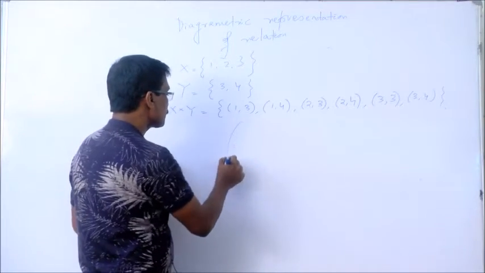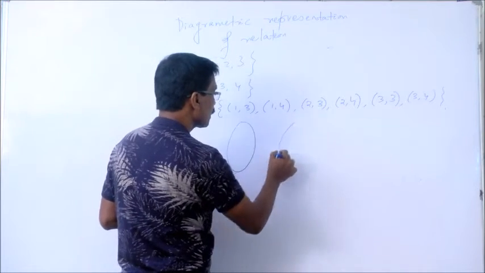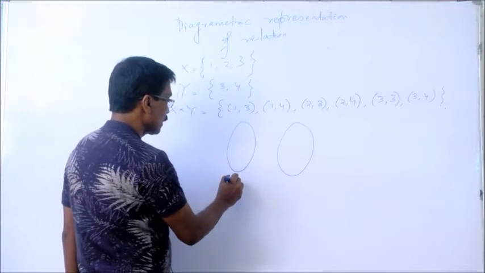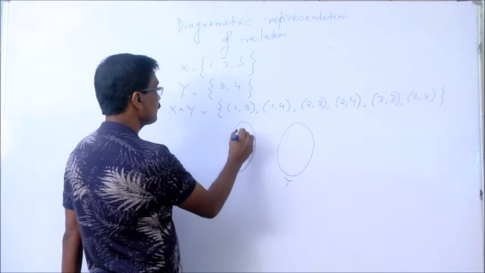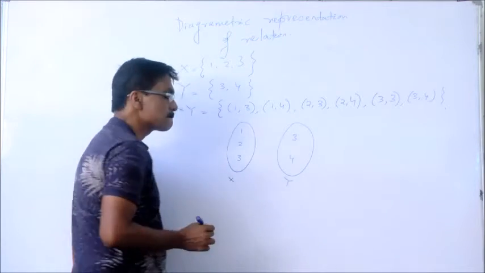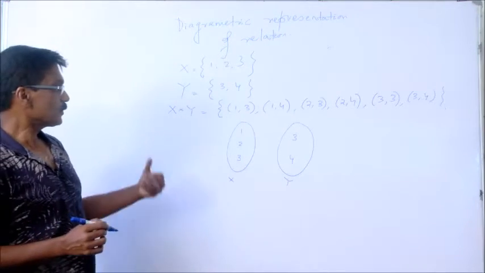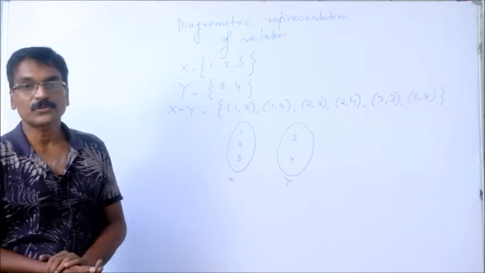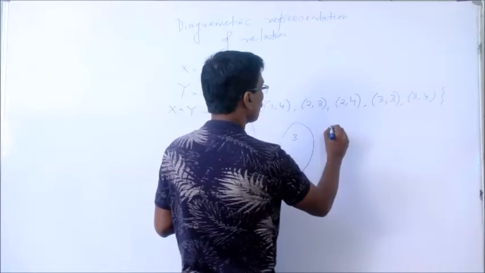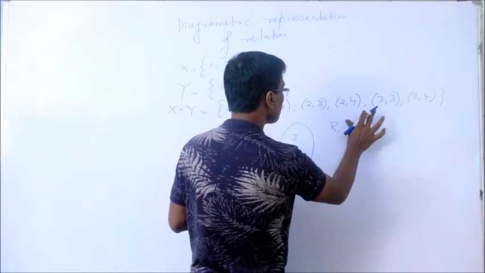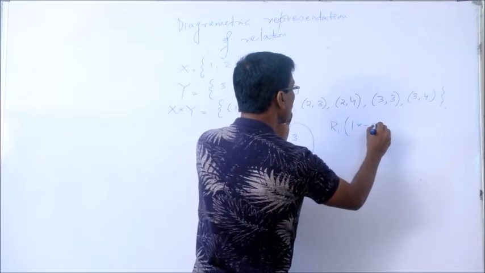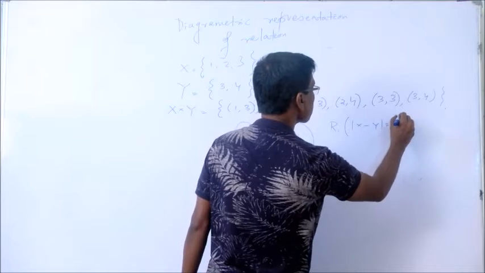Now, we can represent a set by a circle. So, X set and Y set: X set has elements 1, 2, 3 and Y set has elements 3, 4. Suppose we find a relation R1 which is modulus of X minus Y is equal to 1.